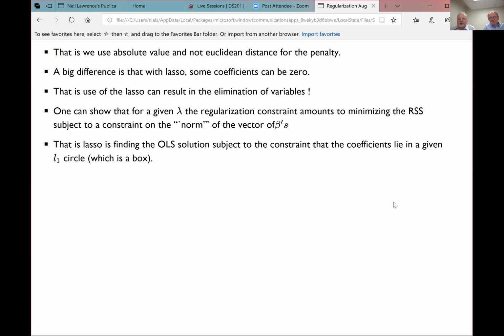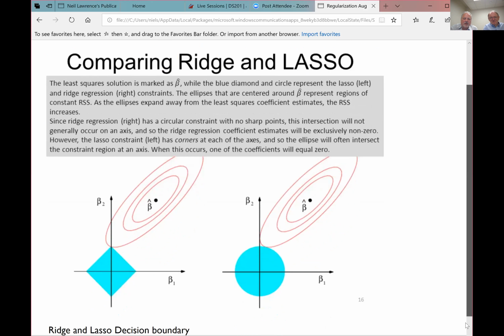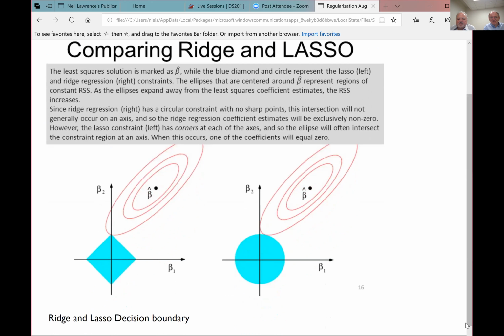As I said, when you're using an L1 norm, that means in the space of betas, you're getting squares instead of circles. This is a picture that I've stolen, and it comes from, among other places, Elements of Statistical Learning.